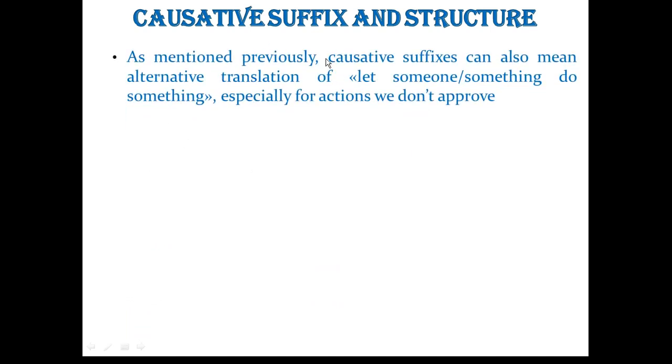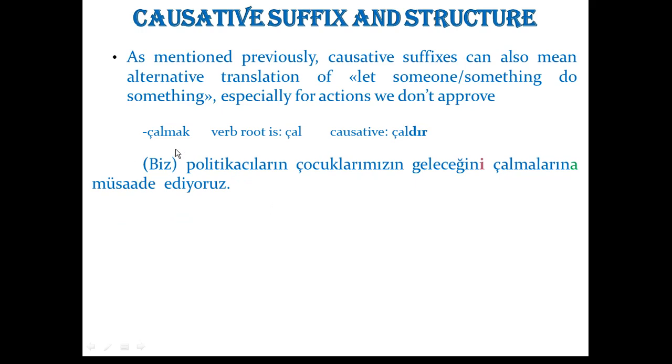As mentioned also previously, causative suffixes can also mean an alternative translation of let someone or something do something, especially for actions we don't approve. Let's take çalmak. Verb root is çal. The causative is çaldır. For example, the first sentence in word by word translation of let someone or something do something: biz politikacıların çocuklarımızın geleceğini çalmalarına müsaade ediyoruz.